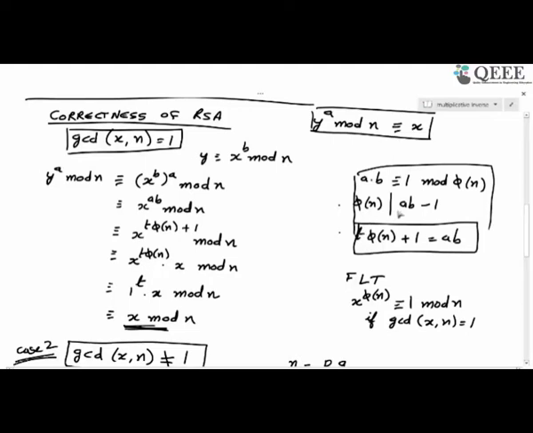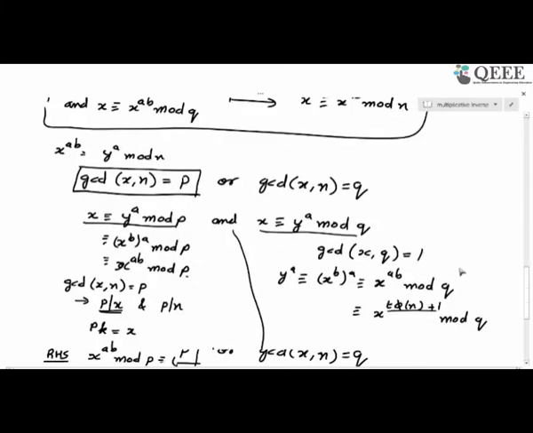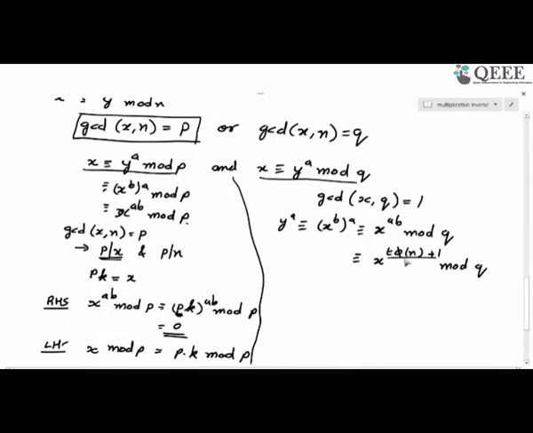Therefore phi of n divides ab minus 1, and therefore t into phi of n plus 1 is equal to ab, and we have just substituted the value of ab as t phi of n plus 1. However, we know that t phi of n is actually equal to t into phi of p into phi of q.